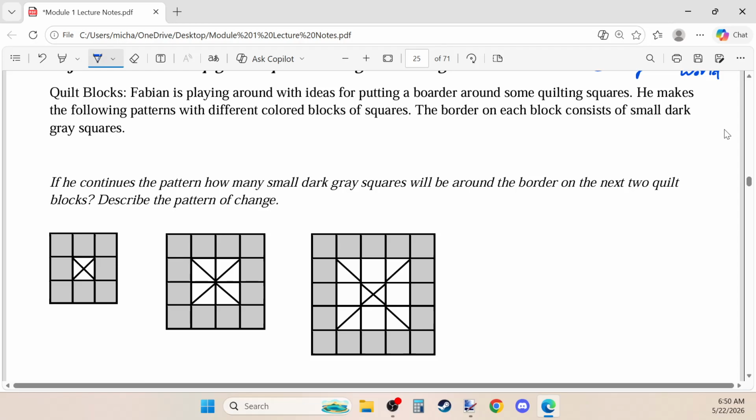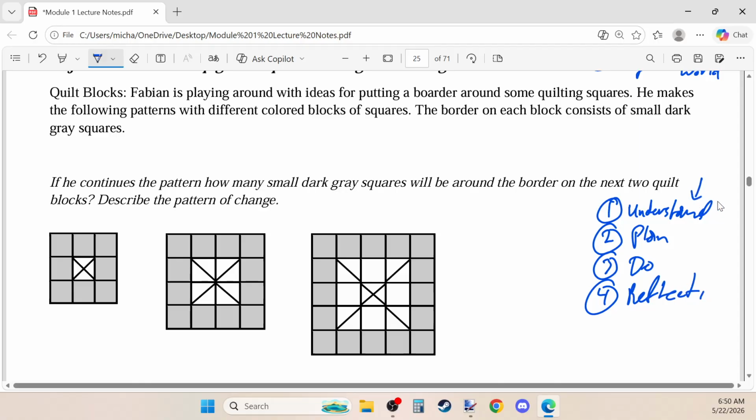So we have a problem here. We're going to use our 4 Polya steps, which are to understand, to plan, to do, and to reflect.